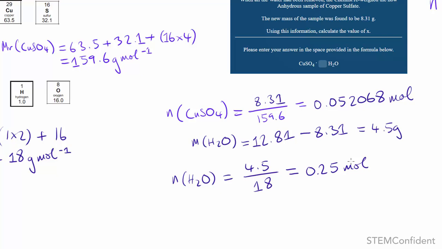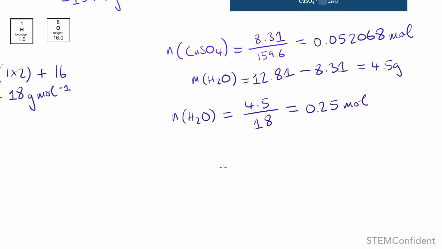Okay, so we've got these values now for the H2O and the CuSO₄. One of the things we do need to look at as far as comparison is the number of moles of CuSO₄ compared to the number of moles of H2O, right?